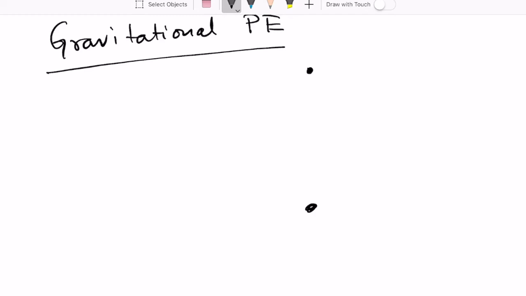So if you're lifting an object, you're doing work against gravity. That's going to increase the potential energy. Let's say that potential energy here is 0, and we want to find out the potential energy at this point, which is at a height h above the ground. So we're basically setting the ground to be 0 height, h equals 0, and we want to find out what is the potential energy at a certain height.